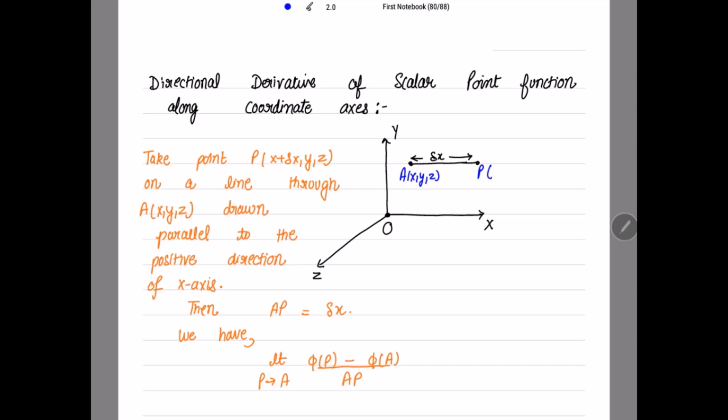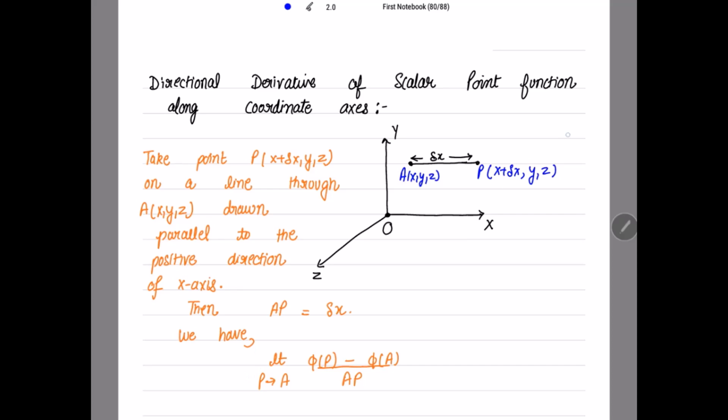So what are the coordinates for the point P? This will be x plus delta x, and y and z remain the same. So we take point P on a line drawn through this A. Now this line is parallel to the positive direction of the x-axis, right? Then this distance AP is your delta x.